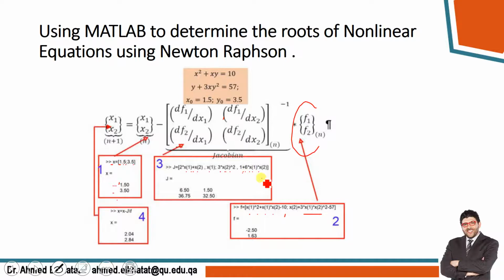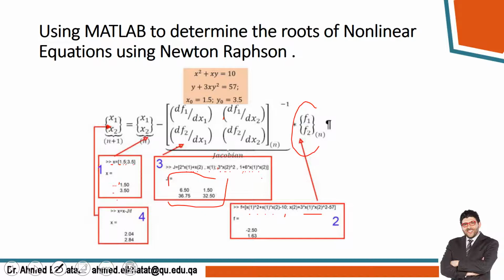So we created the Jacobian. The last thing we can do is x equals x minus J left division f.